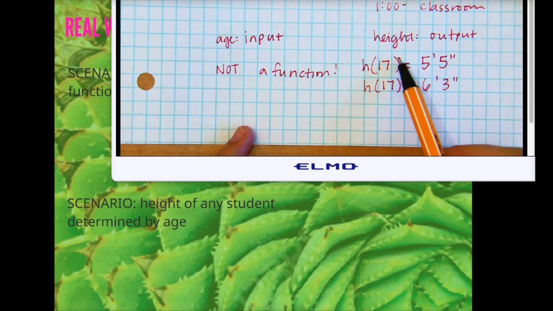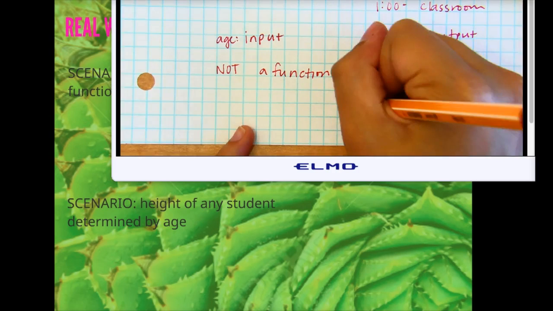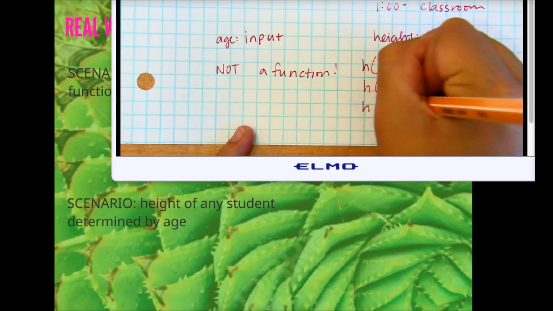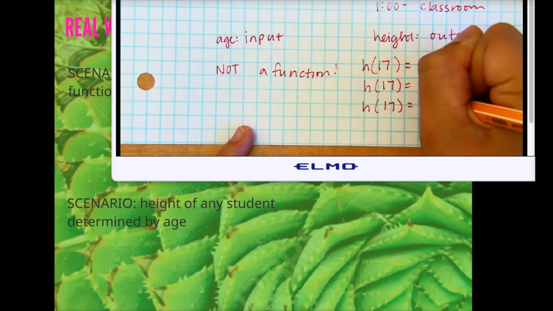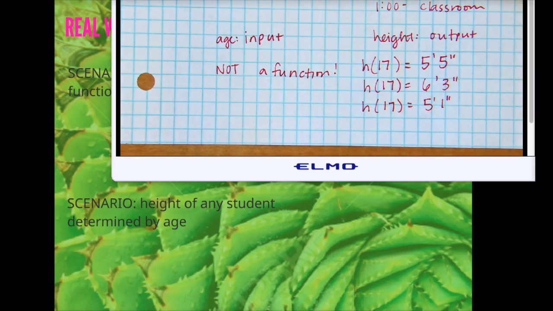So in this case, I've got two of the same inputs and different outputs. I could also have a really short 17-year-old, and I get an output of 5'1". These are all different potentials with different ages. And so my height doesn't necessarily depend on my age. That doesn't really make sense. This is not a function.